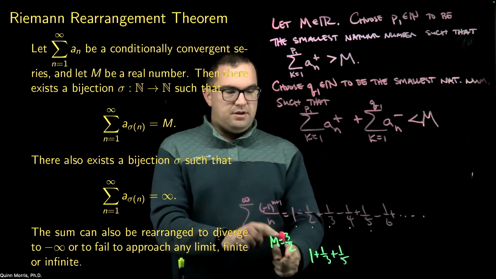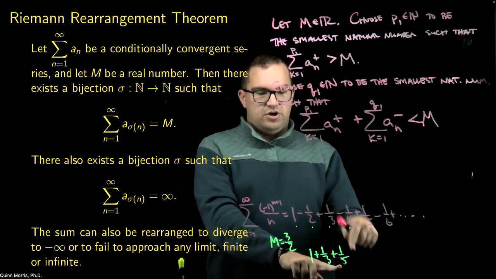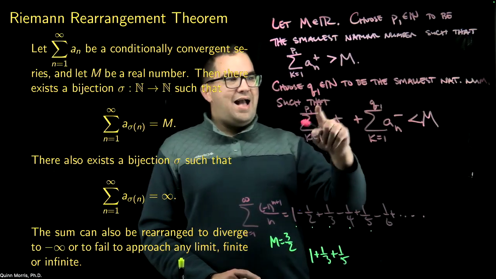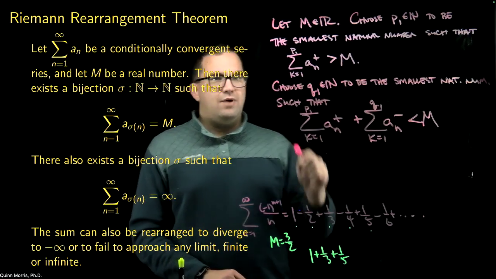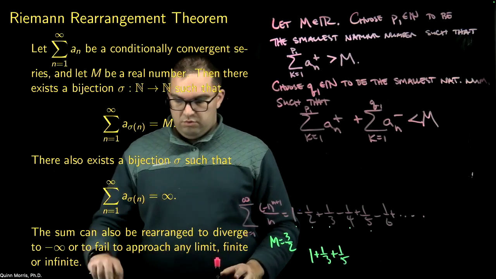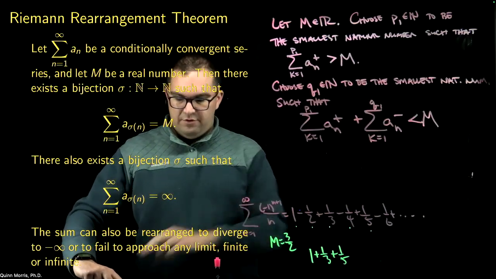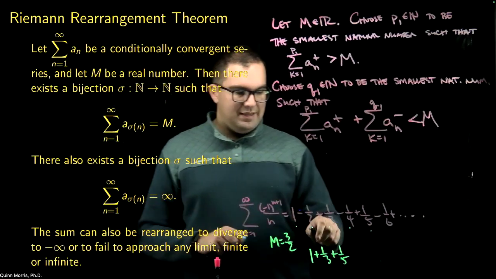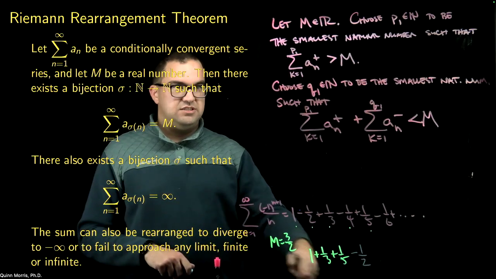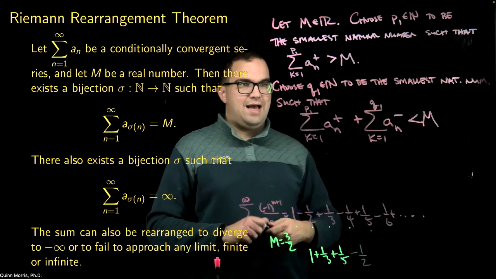Like in this case, we stopped the second we had added enough to go over 3/2. Now you start adding in negative terms until you get just below your m value. So in this case, if I start adding in negative terms, I'm just going to get a minus 1/2, and now this whole sum is back down below 3/2.